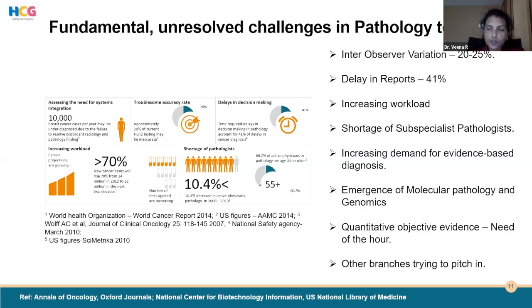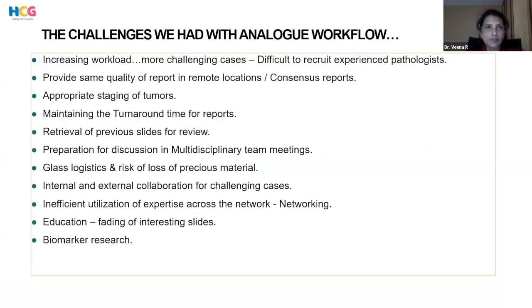What used to be a descriptive, one-liner report is not going to be held valid anymore, because we need an evidence-based diagnosis for the practice of precision medicine. And all this is possible only through the digitization of our pathology services.